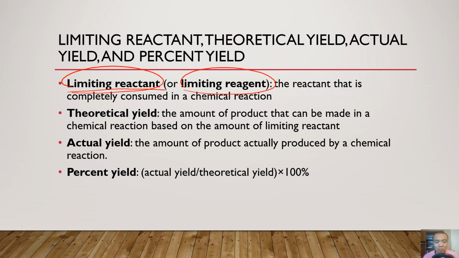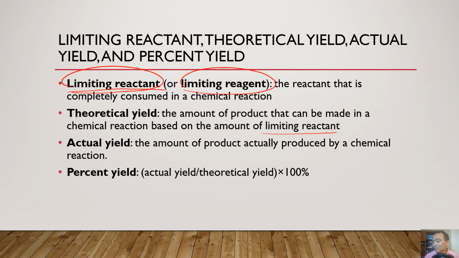The theoretical yield is the amount of product that can be made in the chemical reaction based on the amount of limiting reagent. Sometimes in the chemical reaction, we would say a certain amount of one reactant is reacting with enough amount of the other material, then the amount that is provided is the limiting reactant.